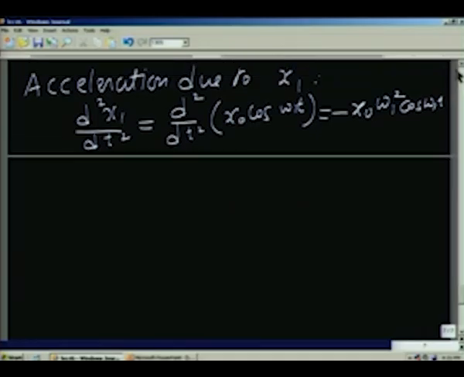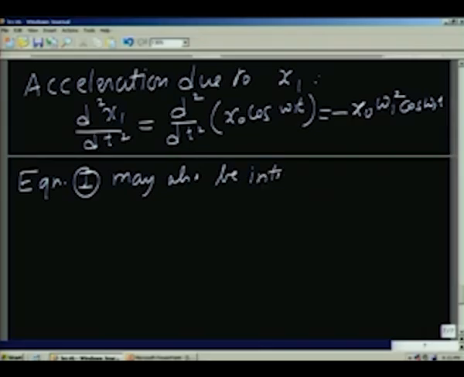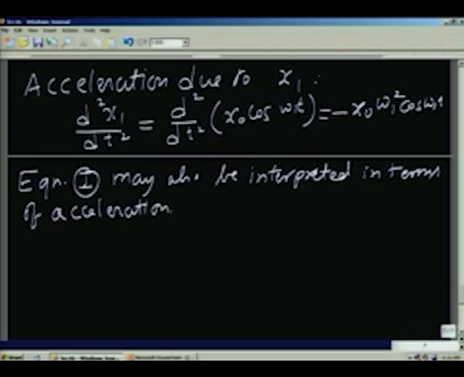So, I can interpret equation number 1 in terms of acceleration response. We will go back to the equation and see how this interpretation is done.